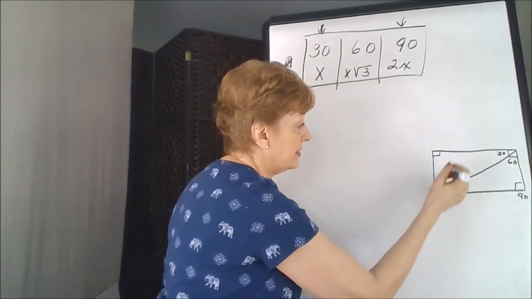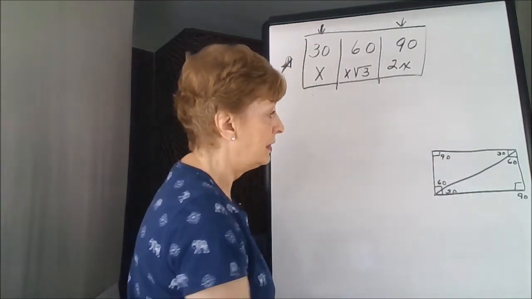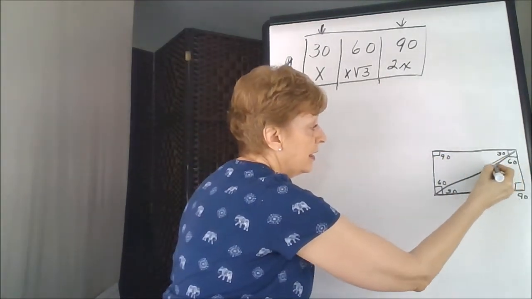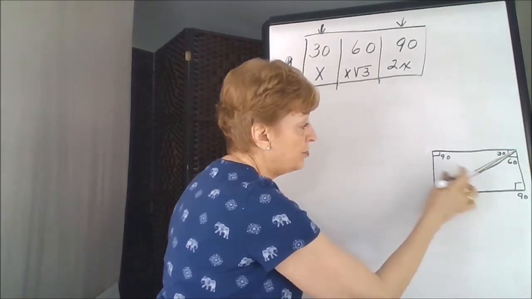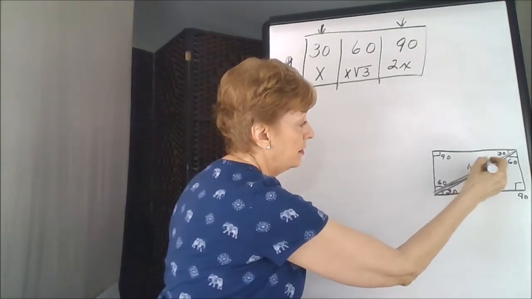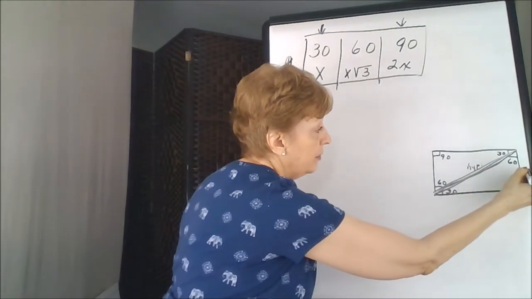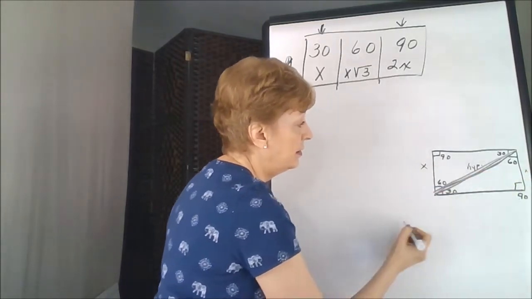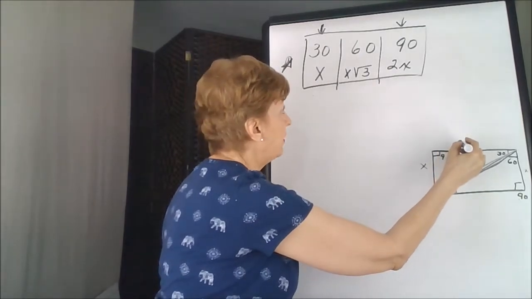This one is a 60. And this one is the 90-degree angle in that triangle. But we've got this line, which is shared by both triangles, and that's the hypotenuse. The x angle would be here and here, and the long leg would be here.